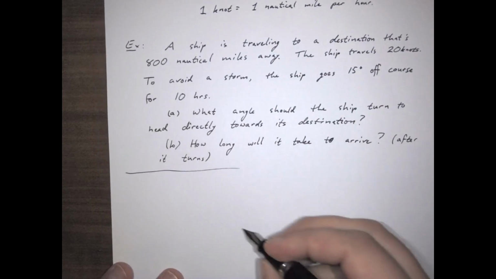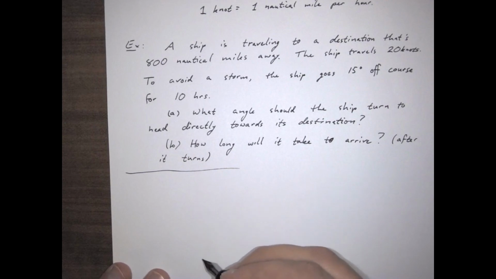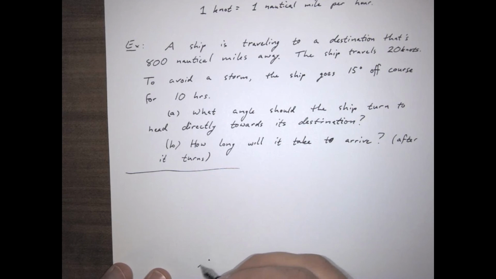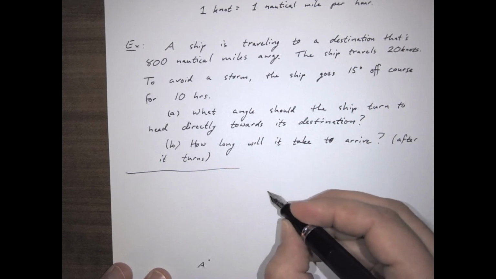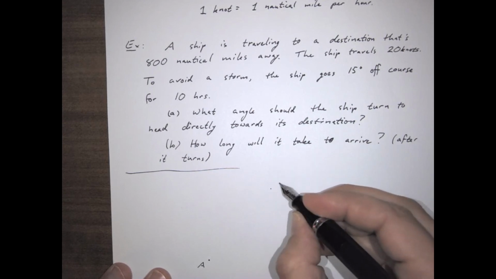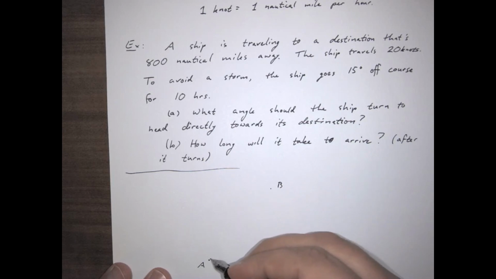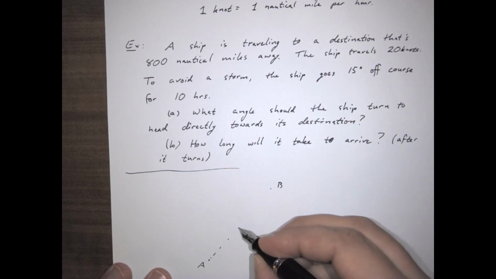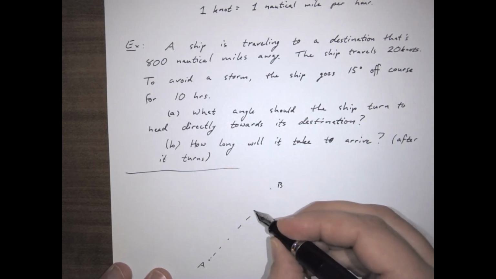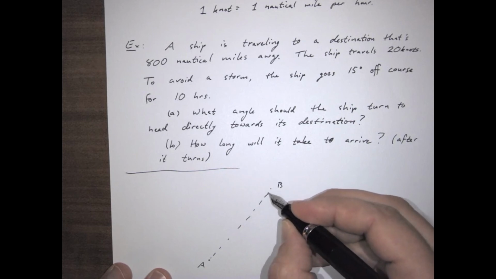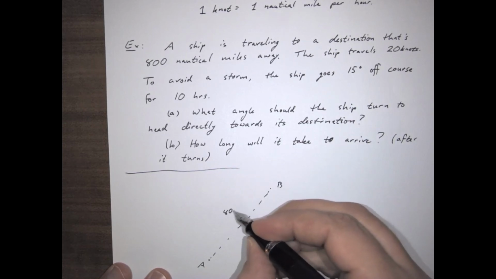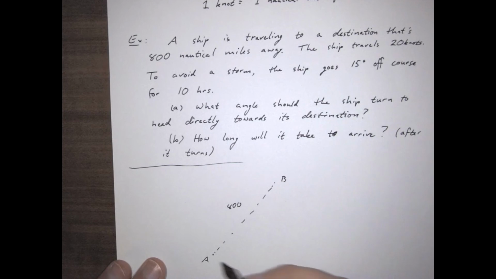So first off, let's say we have the ship. It goes from its starting point, which is A, and the destination is B. We know that that is 800 nautical miles apart. Now we know that the ship did not go along this path.